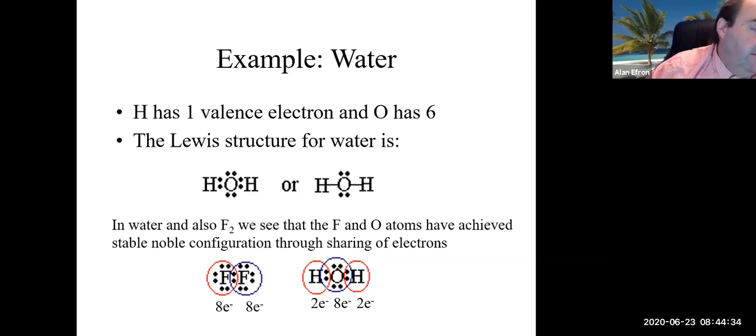And as we talked about earlier, that essentially is all hydrogen needs to get to helium, and it's perfectly happy here. So again, magical numbers as we're drawing, and what you always want to achieve in most cases, we will talk about some exceptions, obviously, but you want to achieve 8 for pretty much everybody, and you want to achieve 2 for hydrogen and no more than 2 for hydrogen.